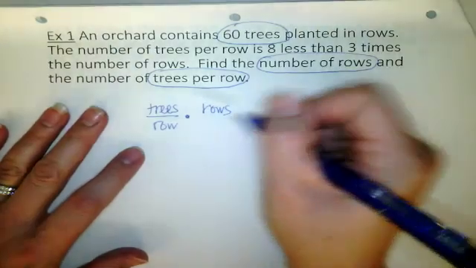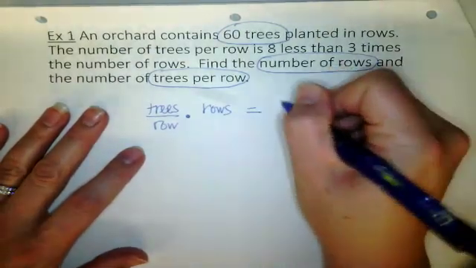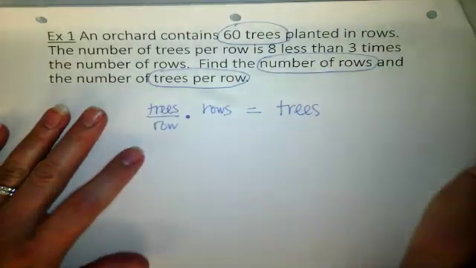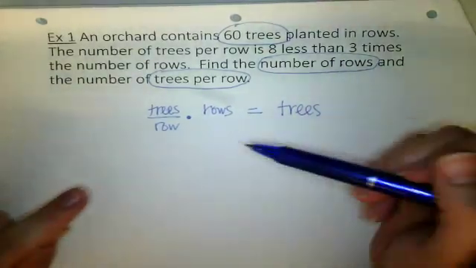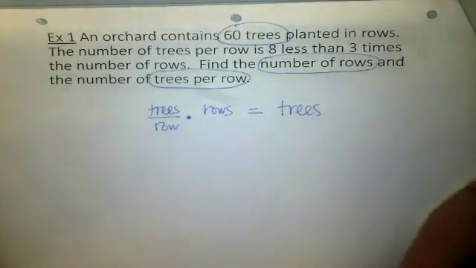The rows cancel out and you get trees, right? It's kind of interesting. So just by thinking about the units, which is what these are, it really can help me out here.